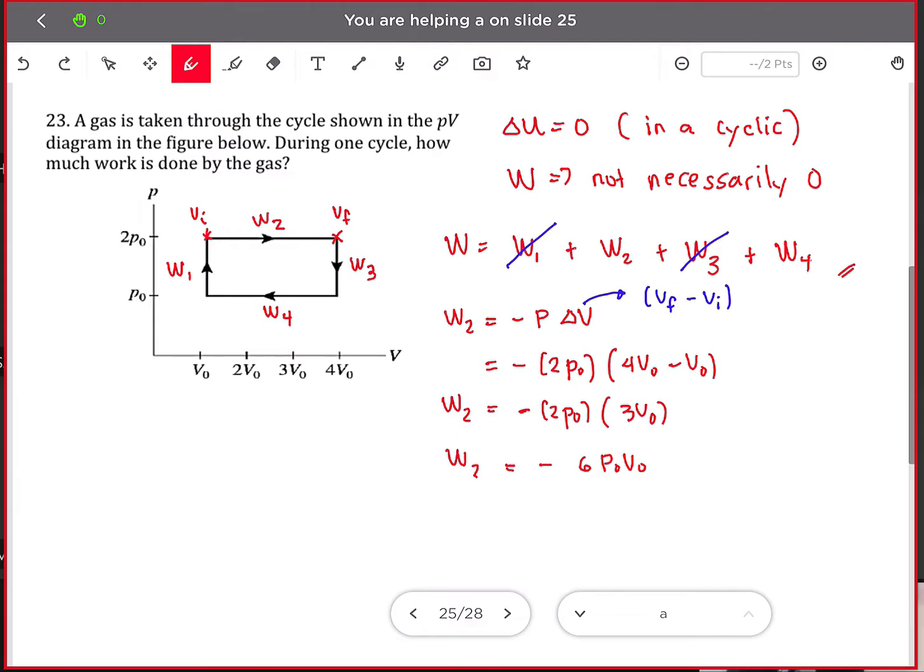All right. Now we solve for our work 4. So let me write work 4 on this side. Similar process, that's going to be equal to negative P delta V. Sir, can I ask a question? Yes, tell me. For W2, you wrote 4 V O minus V O. From where did you get the 4?